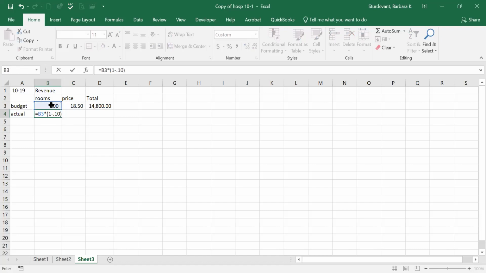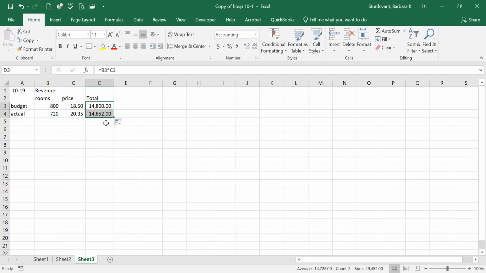You don't have to do it this way; I'm just trying to write it all out. So we only sold 720 rooms. We're going to multiply to see if the fact that the price was higher will make up for the fact that we sold fewer rooms. And it doesn't. All right, is everybody okay with those numbers?